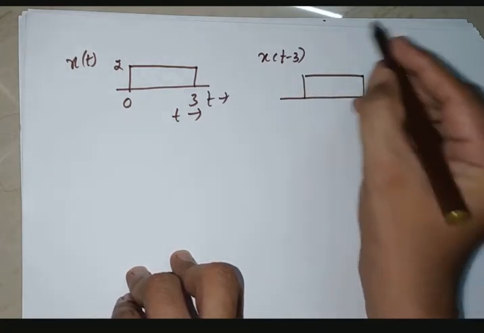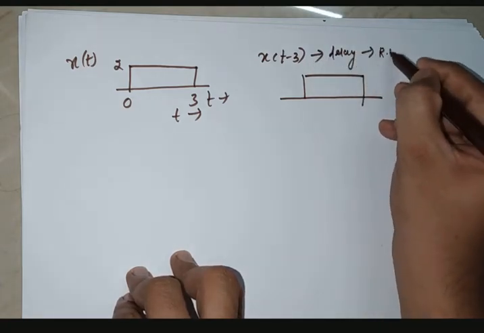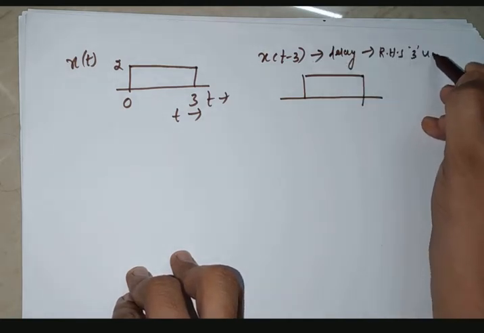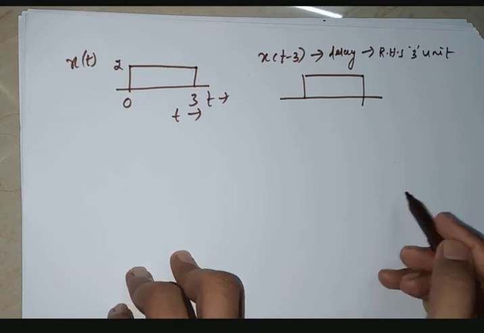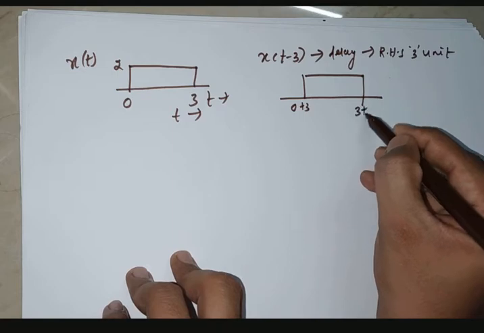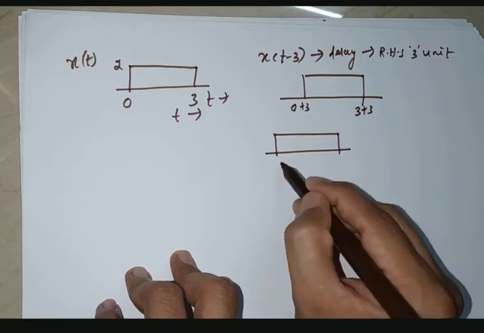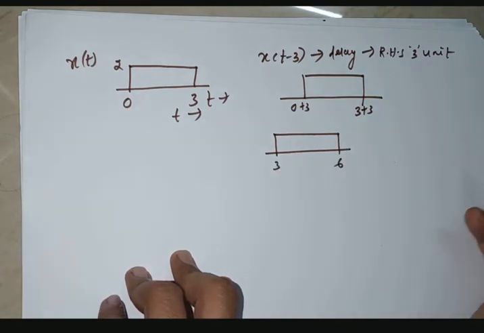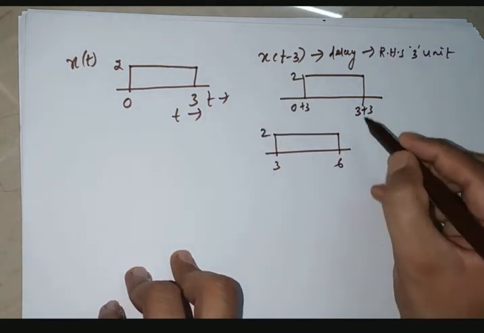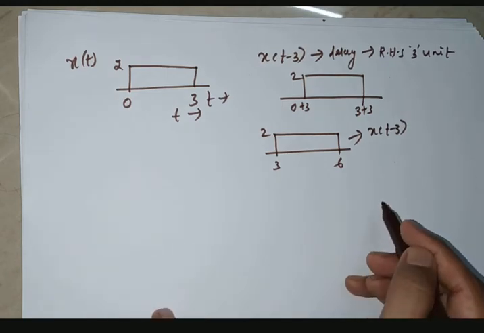Shift the signal. t minus 3 means what? It is a delay. Delay means it will shift right hand side. How many units? 3 units. Okay, shift it. Then it is 0 plus 3, and 3 plus 3 is 6. Whatever the amplitude, the amplitude will not change because it is a time operation. This is your x of t minus 3.